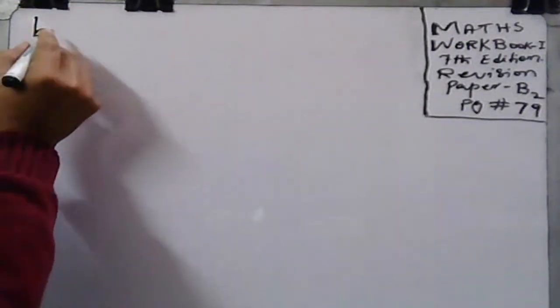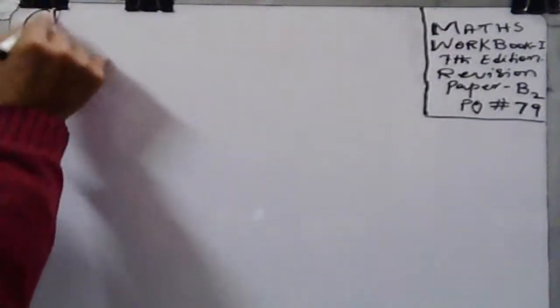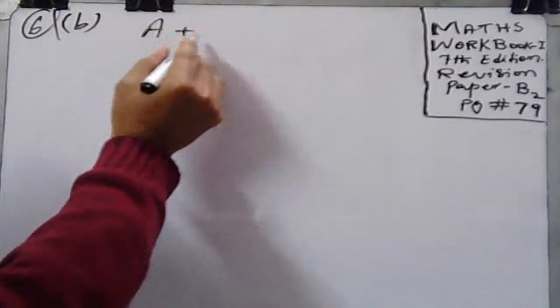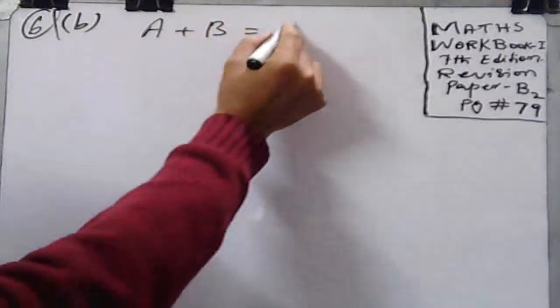So that's why all calculations are in dollar form, so cents should be converted to dollars. First, the given condition is question 6b. The A type of eggs and B type of eggs, total eggs is 60, that is your equation number 1.